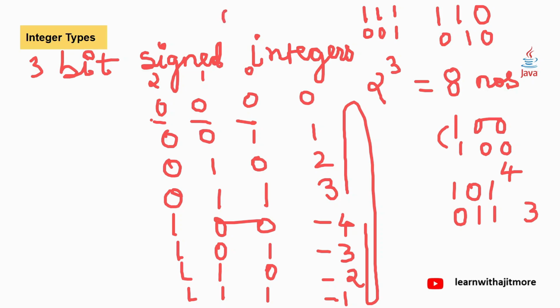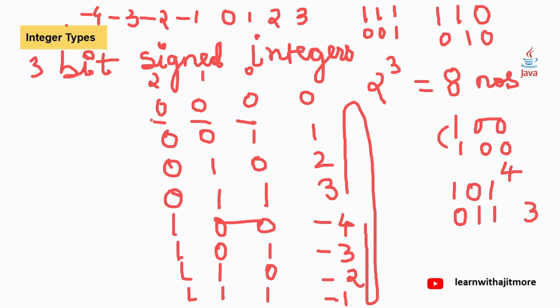If you take a number line, 0, 1, 2, 3, these are 4 on the positive side, and negative doesn't have 0, therefore negative starts with minus 1. So minus 1, minus 2, minus 3, minus 4. Can you see, total 8, from which 4 positive, 4 negative.